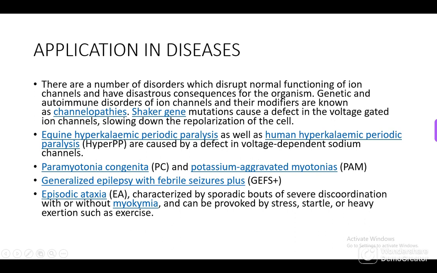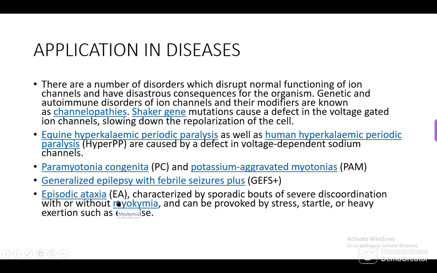The specific channels are activated here. In GEFS plus, the voltage-gated ion channels are slowed down, and it slows the repolarization of cells. These all cause this phenomenon. Repolarization is affected.